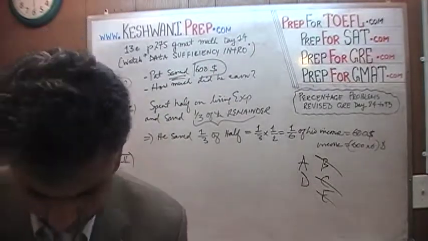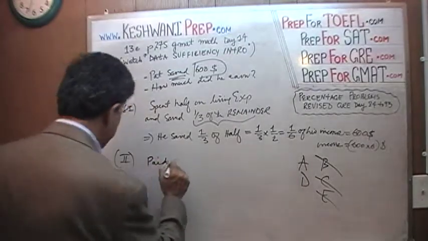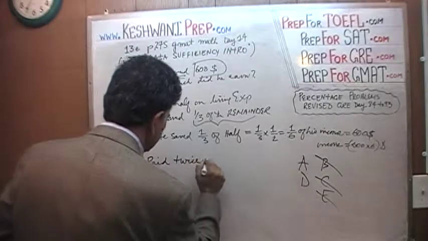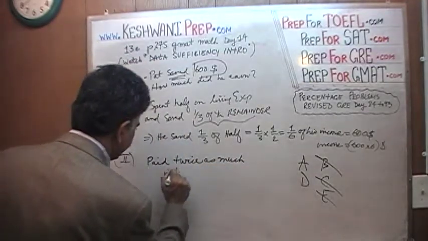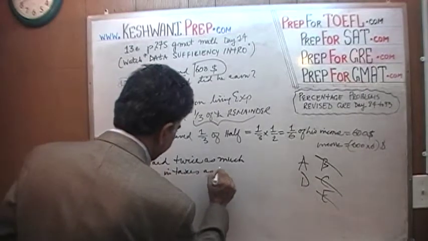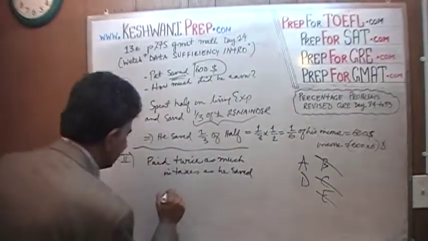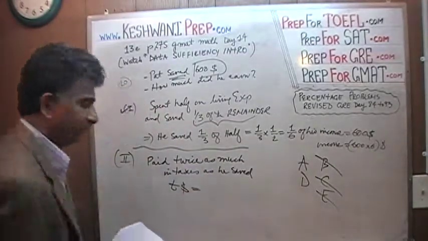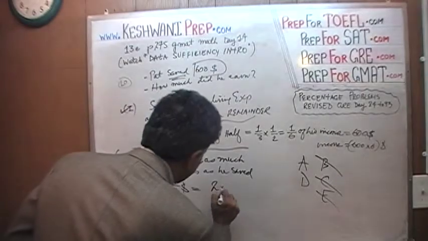In second statement, they tell us that he paid twice as much in taxes as he saved. Well, so whatever amount of money that he paid in taxes, that equals 2 times his savings.